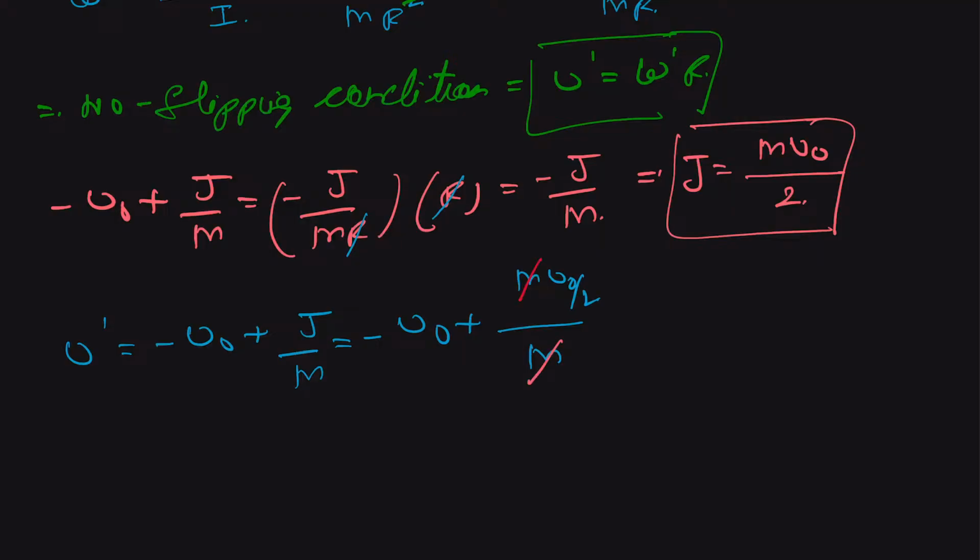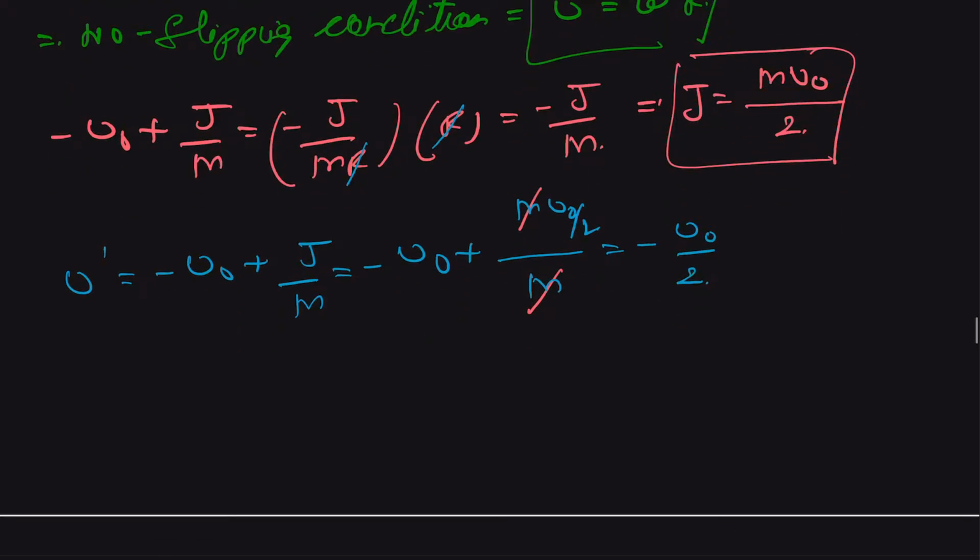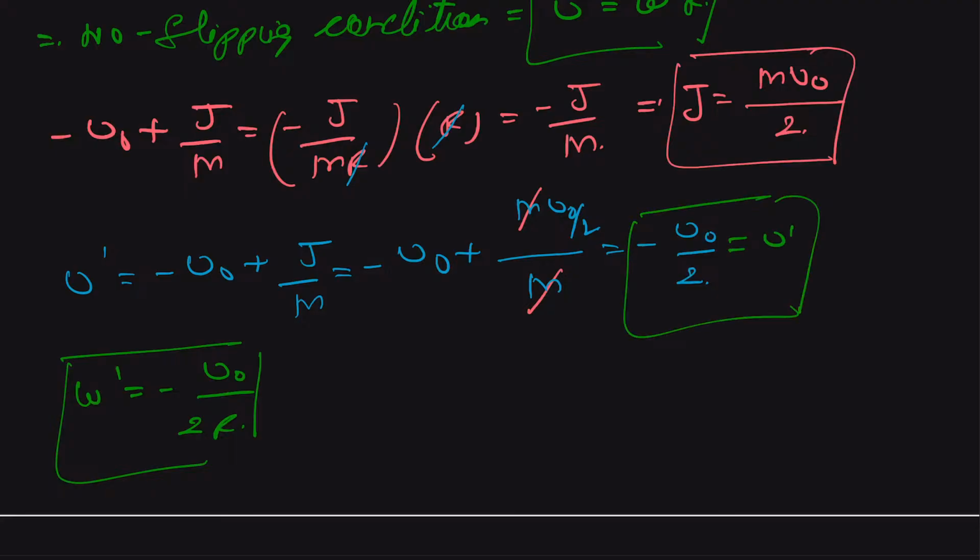So this M and M cancels out, and this comes as minus V naught plus V naught upon 2. So this will be giving us minus twice V naught upon 2. And we can also write that our omega prime is equal to minus V naught upon 2 times R. So we got our V prime as well as our omega prime.